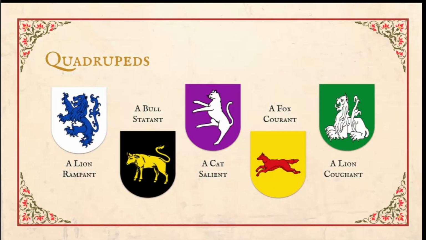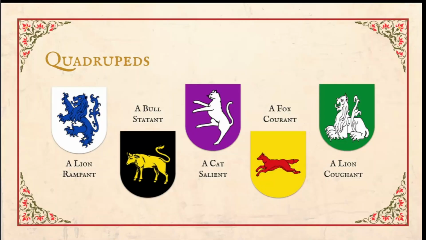Let's go into the living world, your quadrupeds. When we're talking about animals in heraldry, you're usually going to be talking about three things. Number one, the animal itself. You're going to name that animal, and very often that's just a bull, a fox, a lion. We're just using English words for those or the equivalents.